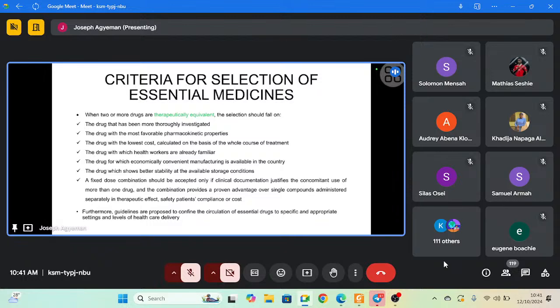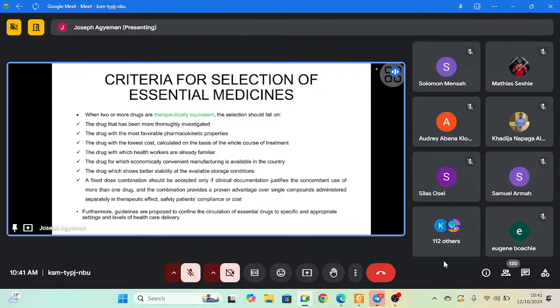Obviously, when you are taking 2 in 1 tablet, you'll be taking fewer tablets. So you have lisinopril and amlodipine in just 1 tablet. So when you swallow 1 tablet, you have swallowed the 2. But if you have them separately, it means that you are going to swallow 2 tablets at a go. Would that contribute to improve compliance? Obviously, that should be the case. But that shouldn't be your only consideration.